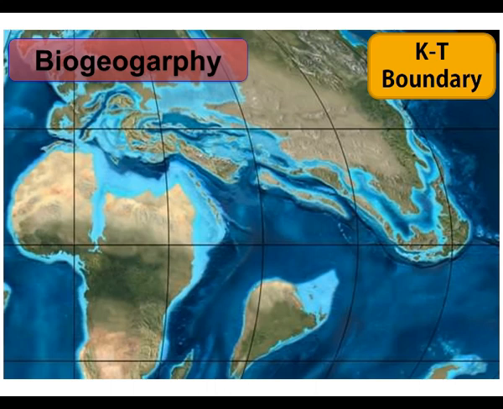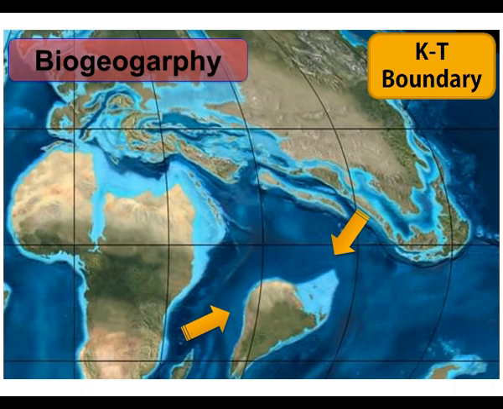So based upon this particular event, there is the exchange of biotic forms from the Indian plate to the Eurasian plate, as well as the Indian plate receiving the biotic forms from Eurasia, contributing some of them the original forms from Africa to Eurasia, as well as receiving the forms from Eurasia to India.